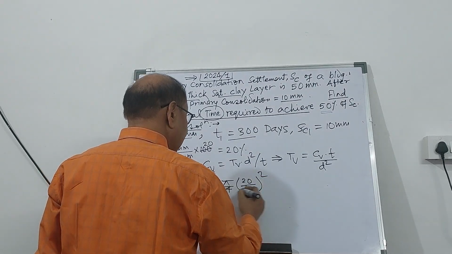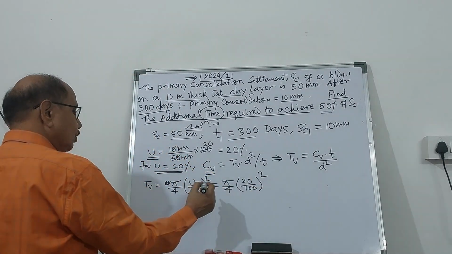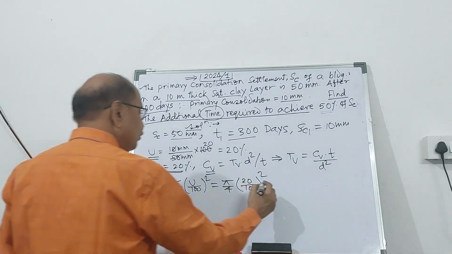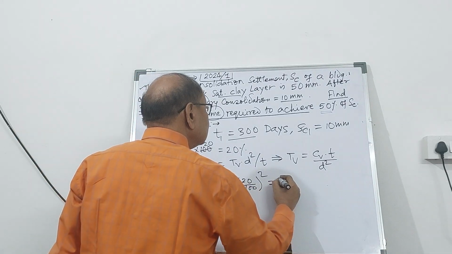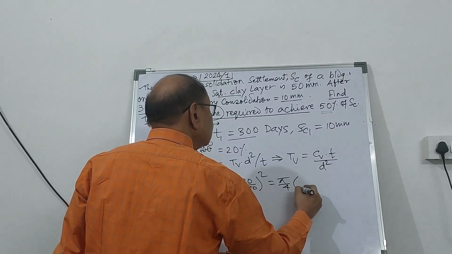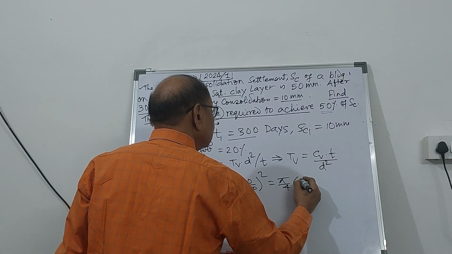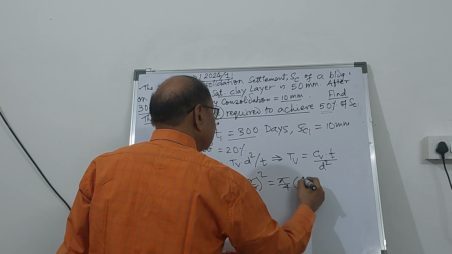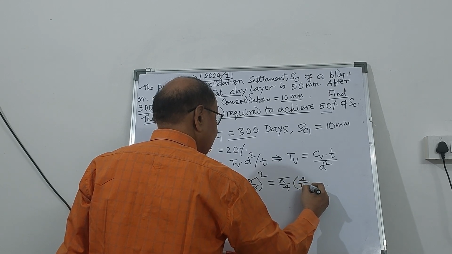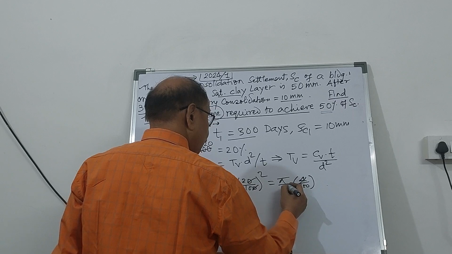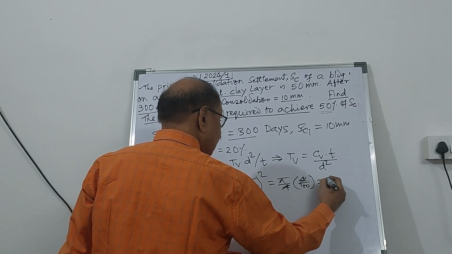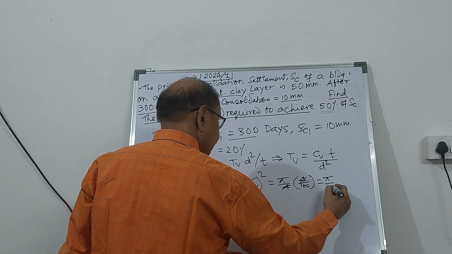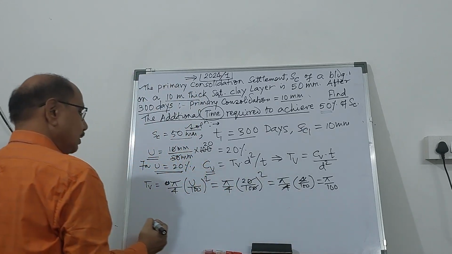So TV equal to pi by 4 into 2 by 10 whole square. That means it becomes 4 by 100, 4 goes out, so this becomes pi by 100.